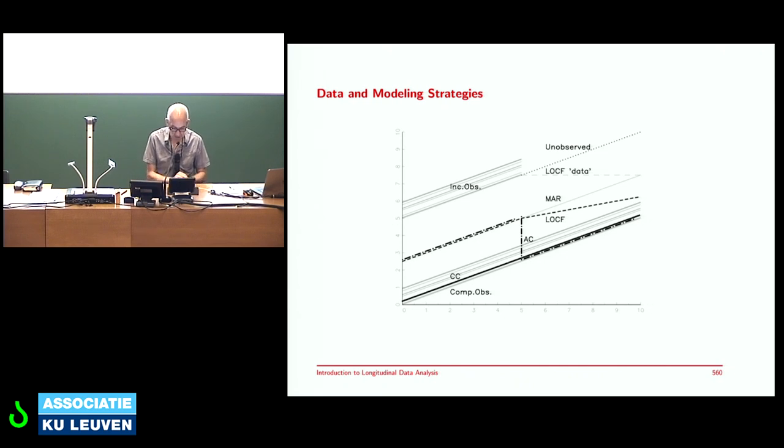What sometimes is done is an available case analysis, and that seems good at first sight. It seems the only thing we can do if you don't like deletion or imputation, yet there are problems and it's not the only alternative left. So in an available case, you say, let me calculate the means at each one of the time points, here and there until here, because I'm using all the data, available case. But from that moment onwards, only the bottom group is available, so the mean will revert to what I have left at the bottom.